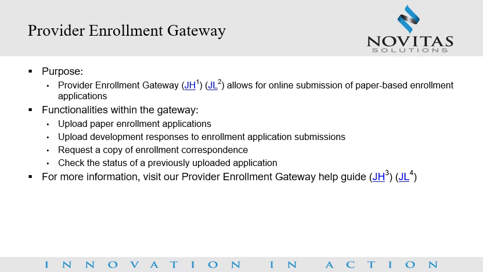You can upload enrollment applications, upload development responses to enrollment application submissions, request a copy of enrollment correspondence, and check the status of a previously uploaded application. For more information, visit our Provider Enrollment Gateway Help Guide.